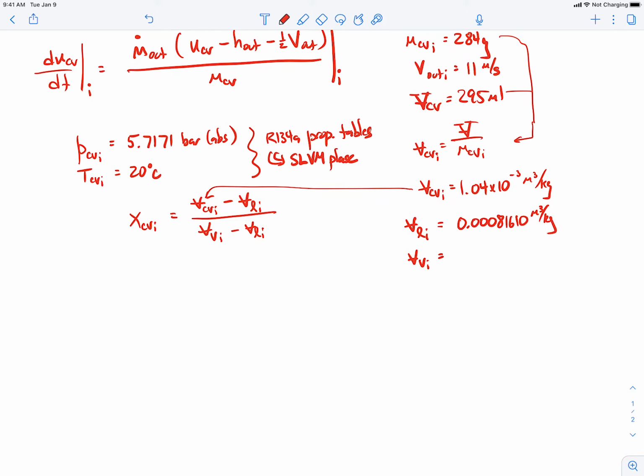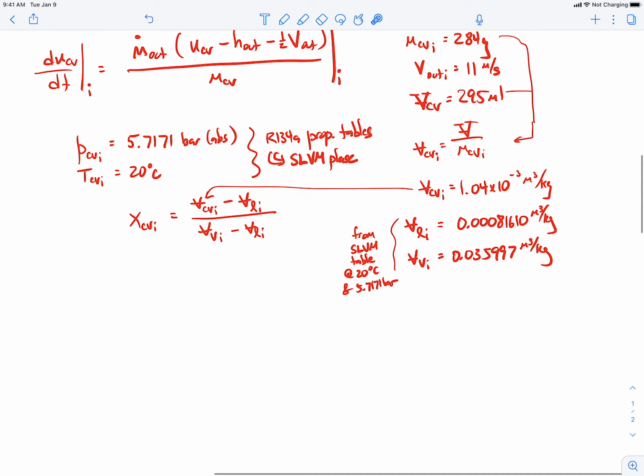For the vapor, it's 0.03597 cubic meters per kilogram. Again, these are from the saturated liquid vapor mixture table at 20 degrees C, and I'll put the 5.7171 bar here as well. Now we can take these quantities and put them in here.